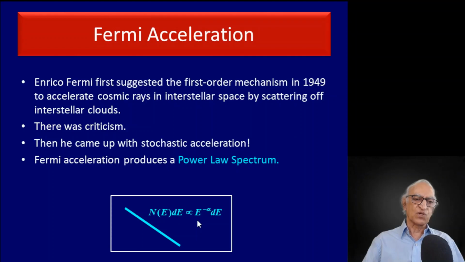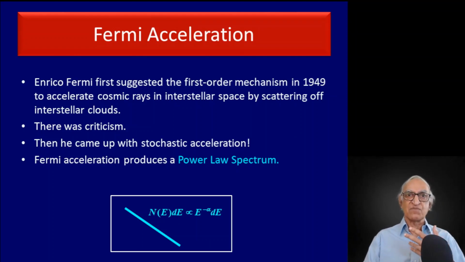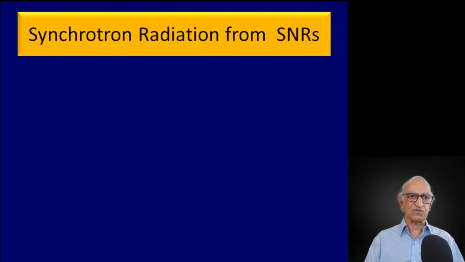It's proportional to E to the power minus alpha, where alpha is some number of the order of 0.5 or 0.75. This is what we find in nature. This is what we find of cosmic rays. The Fermi acceleration mechanism naturally produces a power law spectrum of electrons.